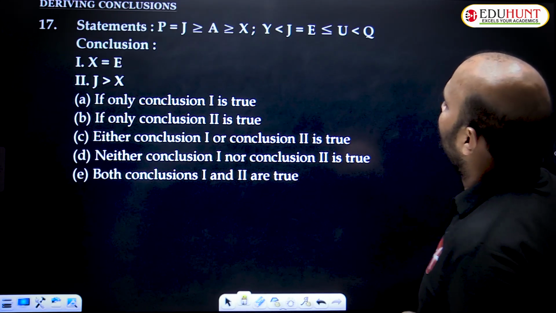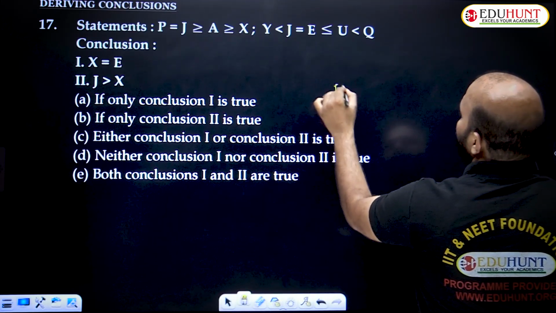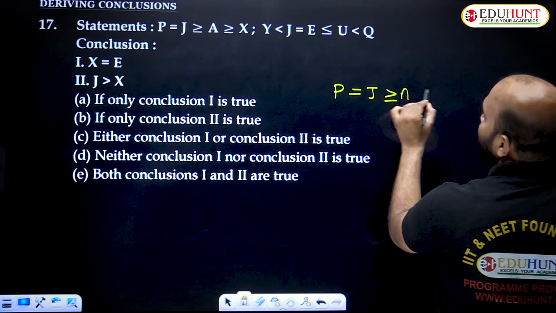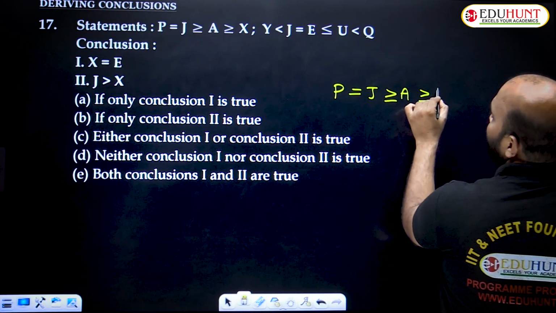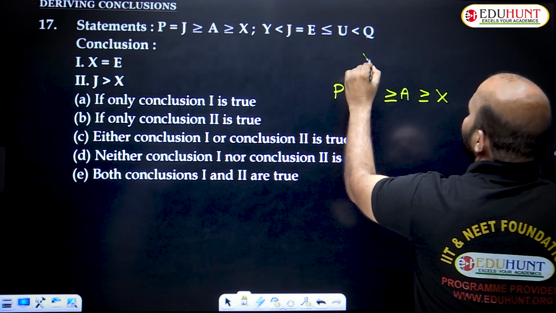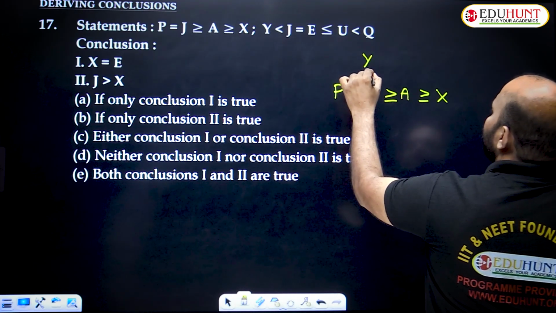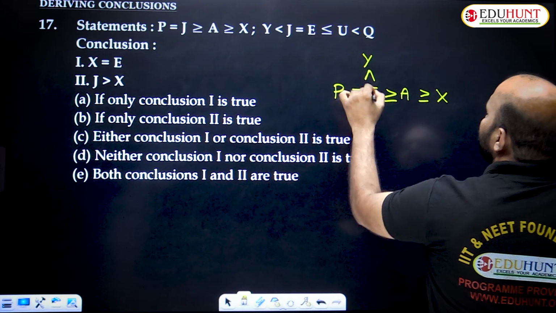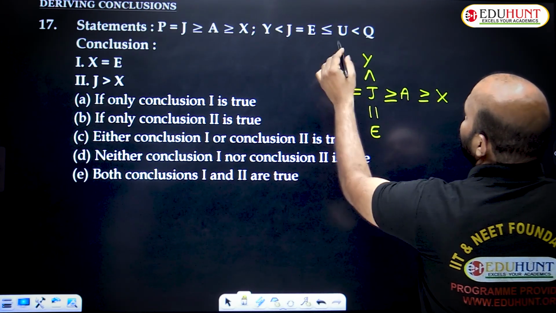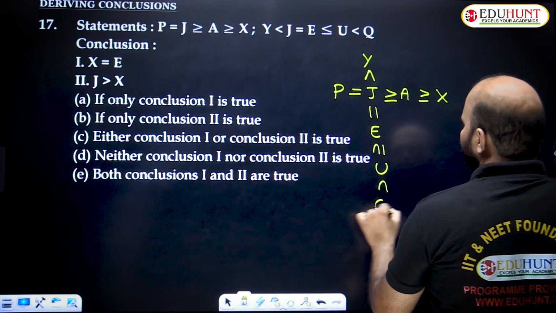So clearly we have to observe. What I am given in the first statement: P equals J. Next, J is greater than or equal to A. Next, A is greater than or equal to X. Next link given: Y to J. Y is less than J. The lesser part appears toward Y, the greater part appears toward J. J equals E. Next, E is less than or equal to U. U is less than Q. This is a single expression.